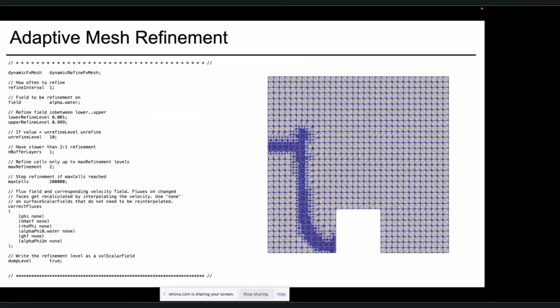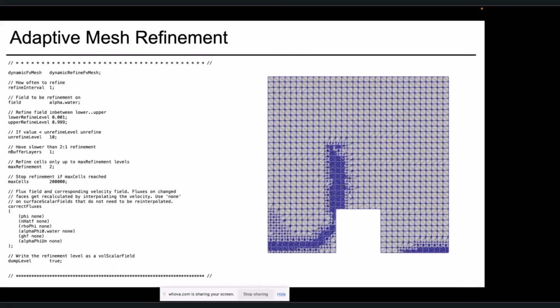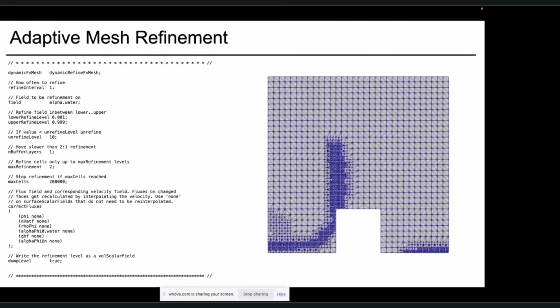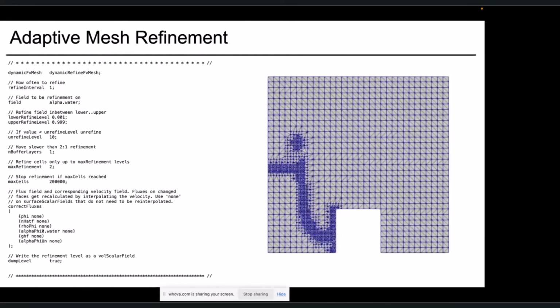All right. So OpenFOAM has multiple tutorials related to it. The basic tutorial, the dam break tutorial with an obstacle, I have taken here, where you can see that we have the same dynamicRefineFvMesh, and the conditions are, we have used a default refinement interval of 1, and the field here is alpha.water, which is again the volume ratio of the air and water, and we have two levels, lower and upper limits of 0.001 and 0.999, between which it does this refinement.